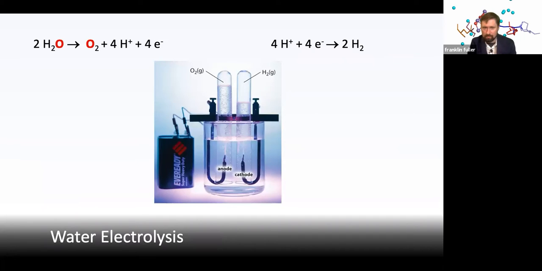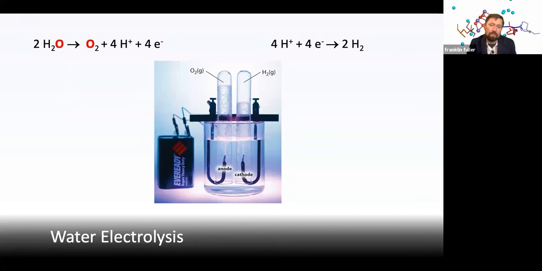Now, you may not be familiar with water oxidation, but you probably are familiar with a related reaction called water electrolysis. This is something you can do at home or probably have done in a school lab. You take a 9-volt battery and hook up the 2 leads of the battery and dip them into water.